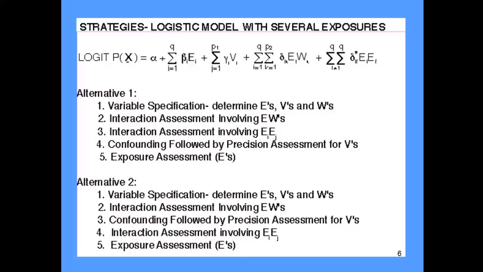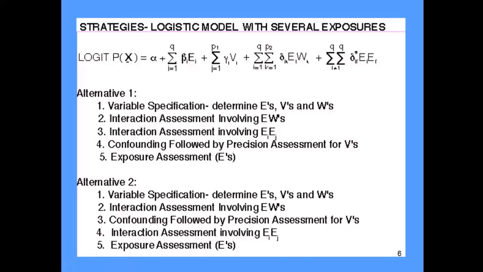If you're going to start reducing a model, consider whether you have any interaction terms before you start worrying about confounding. So once you deal with these interactions, then deal with this interaction. That's what this approach says. It's dealing with the modeling strategy that I laid out, which says variable specification, interaction, confounding. So this says, well, there's one kind of interaction and there's another kind. Let's deal with one kind first and then the second kind.